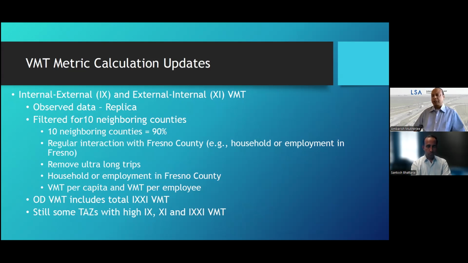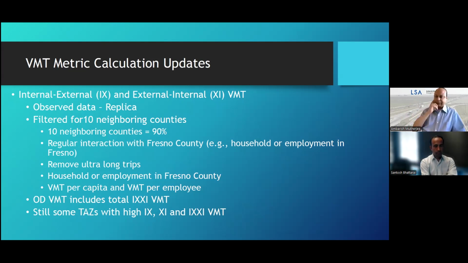One of the big issues was external trips, IX/XI trips, and how the model was calculating them, with some major inconsistencies between TAZs that we had noticed. I'm sure all of us noticed that. In a little bit, Ravi is going to go into a lot more detail and explain the changes.